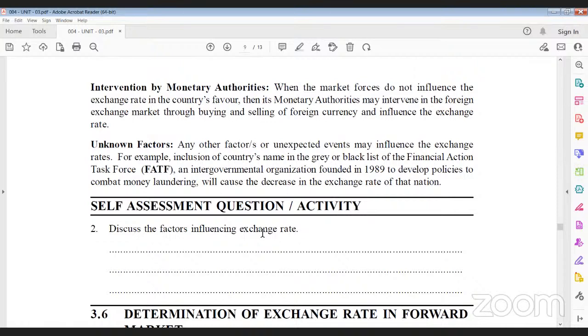Some factors are known and some factors are untraceable, and any other unexpected events definitely have influence on the exchange rate. Suppose the rate of exchange has got disturbed, increased or decreased, then definitely we consider it to be a factor, and they can all be summed up under the head unknown factors.